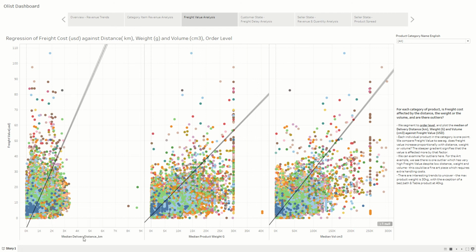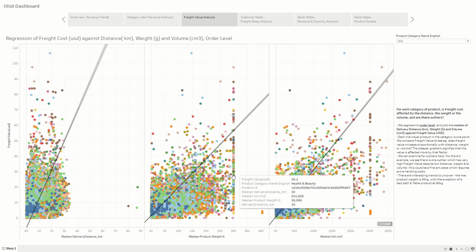And then I'm plotting that individual order against distance, weight, as well as volume. The key thing here is to see what the shape of it is like, whether there are some trends we can tell here, whether they are very correlated in a sense, or whether there are outliers down here.